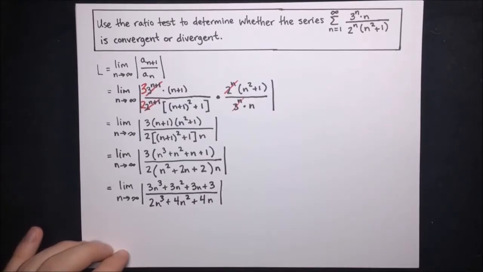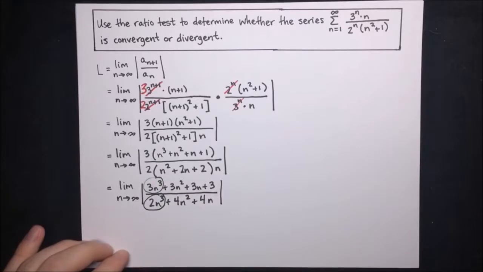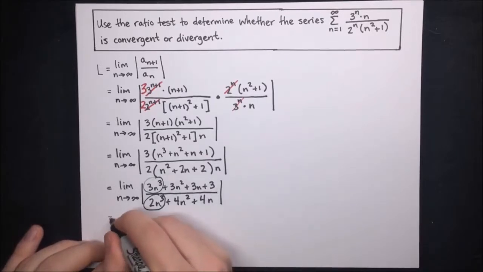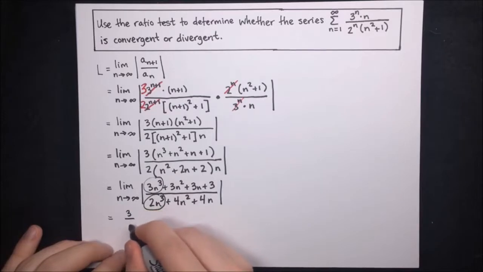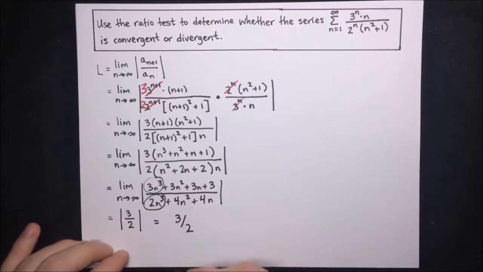Now think back to limits. When you're taking the limit at infinity of a rational function consisting of two polynomials, you look at the highest degree terms in the numerator and denominator. If they have the same degree, which they do here, the power in n is 3 in both cases, then the limit is just the ratio of the leading coefficients. So this comes out to just 3 over 2. Well, the absolute value of that, which is still just 3 over 2.